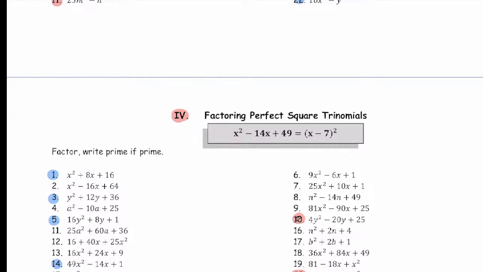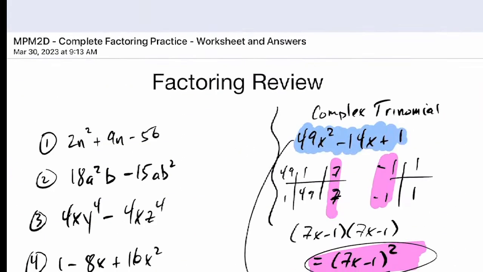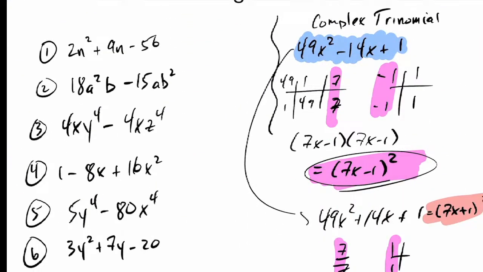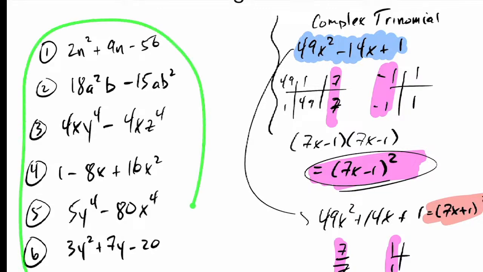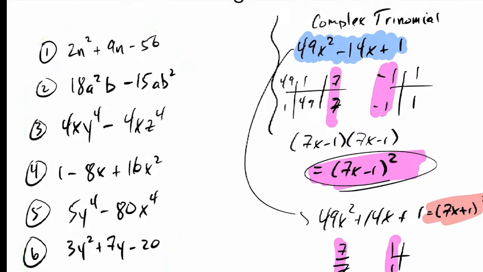Here, you guys try these ones. I think these are pretty good. I would try these ones here, 1 to 6. All right, so give 1 to 6 a shot here. Try these out, and then I can take them up.